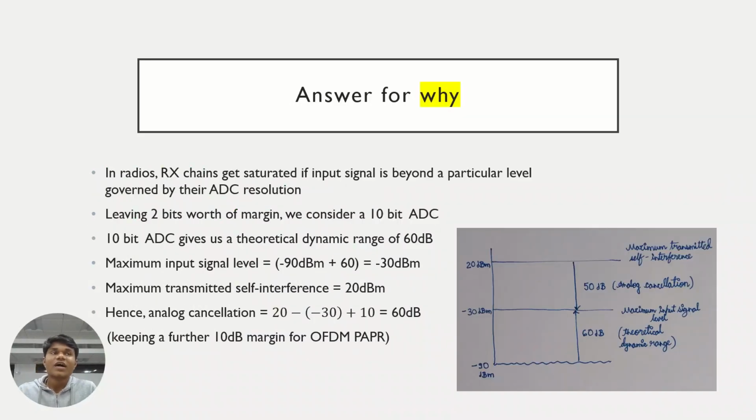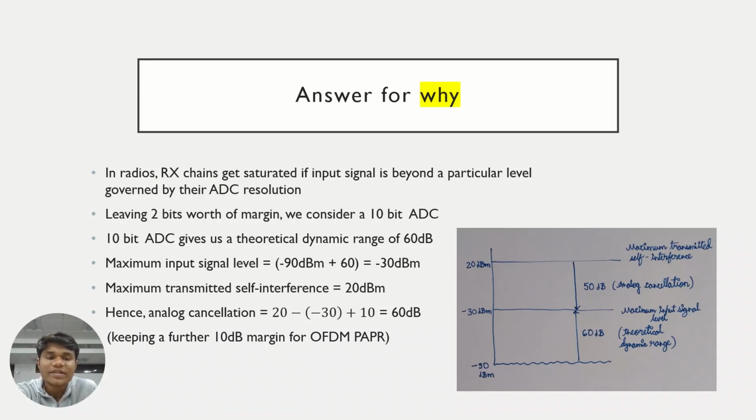What happens is, an antenna has a noise floor above which it receives signals which have power level greater than that noise floor. It also has a ceiling for the power level of the signal being received, which is governed by the ADC resolution of that radio.